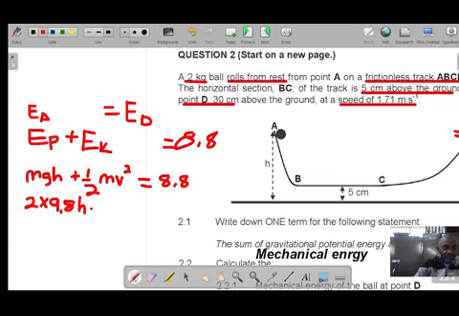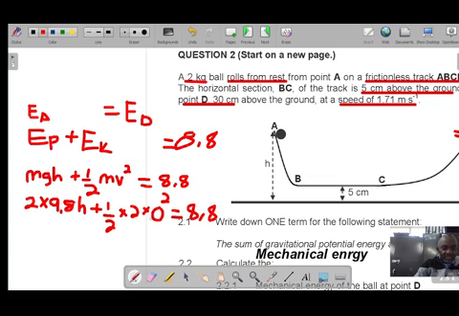Then plus a half mv squared, that's a half. The mass is still 2, guys, so times 2 here. Now they said that this ball was released, which means that the velocity at A is 0. So that's going to be 0 squared here. Then everything equals 8.8.